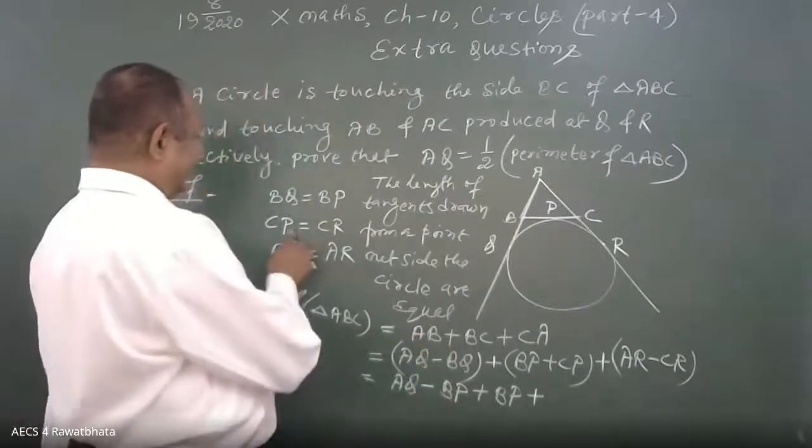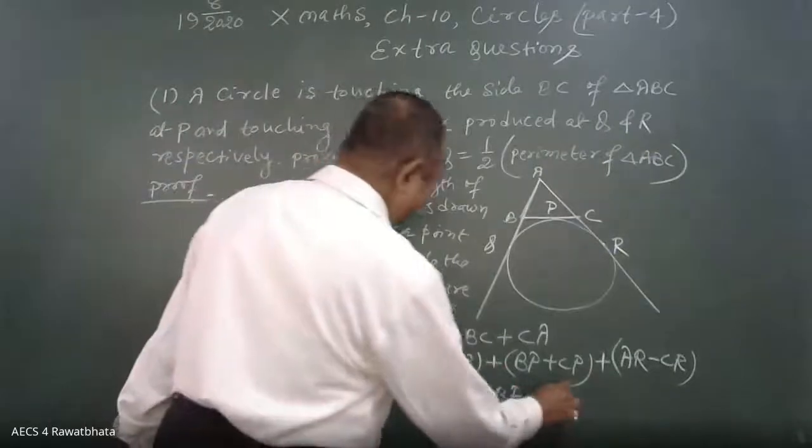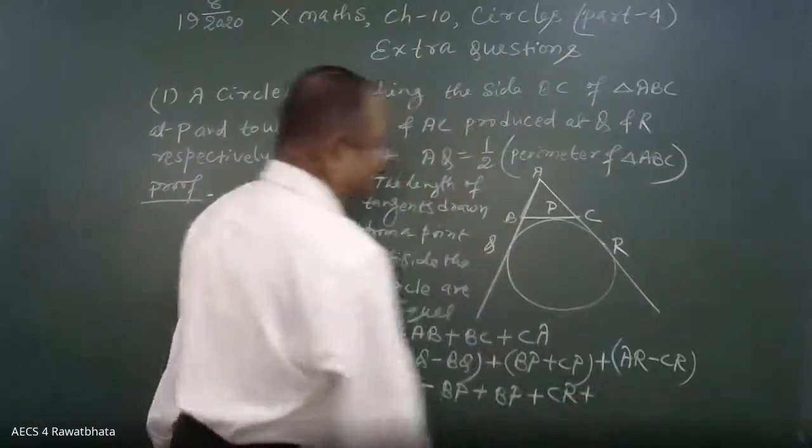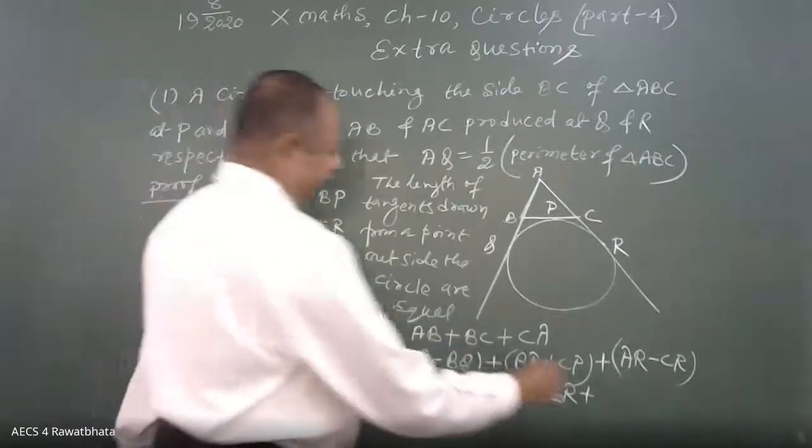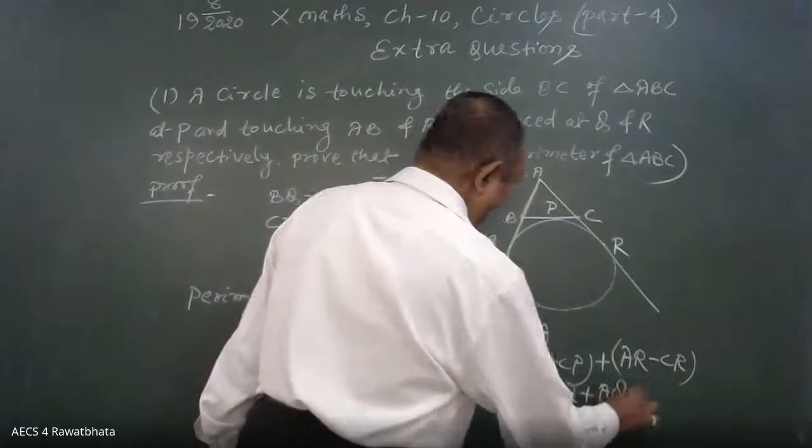Now CP can be written as CR plus AR, which can be written as AQ. So AQ minus CR.